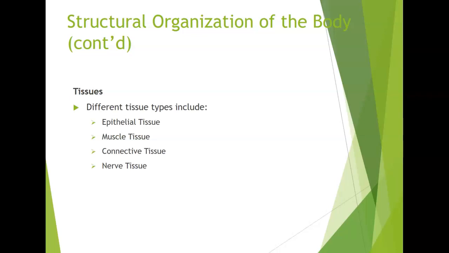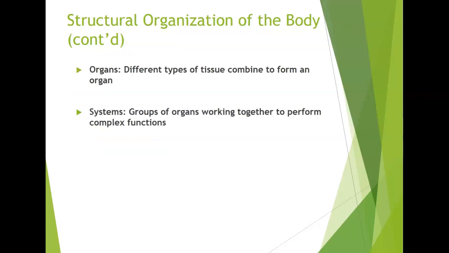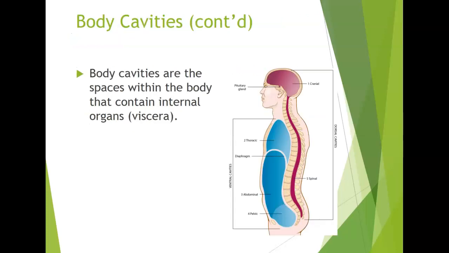When we have those different tissues then going together, we go into organ development, and different types of tissues combine to form an actual organ. And then we have those groups of organs that work together to perform complex functions. So it all starts with a cell, it then goes to the tissue, goes to the organs, and then develops body systems.